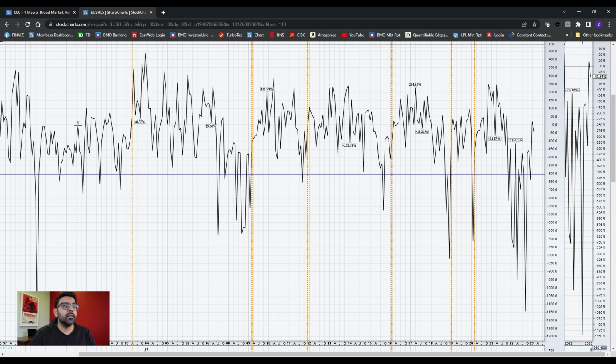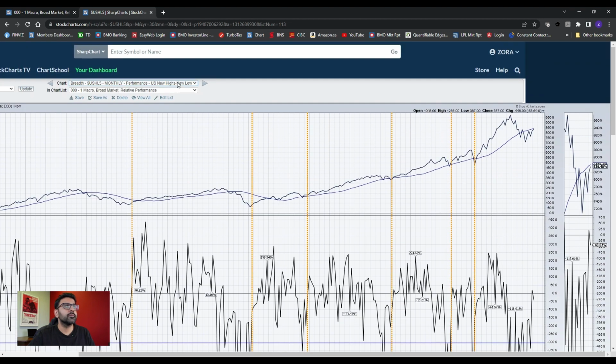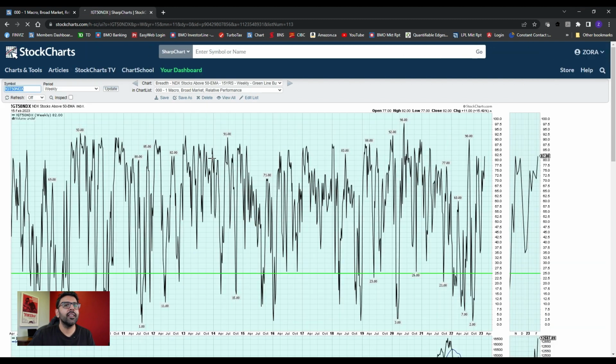To my eye, a lot of the action was happening in between here. If we're above or below tells us what to do. If we're above the blue line, breadth is pretty strong. What else can I show you? Okay, here's my green line buy point.